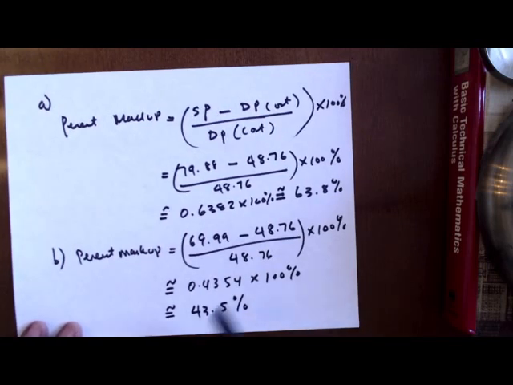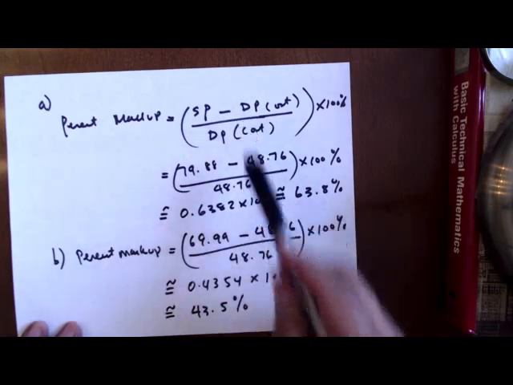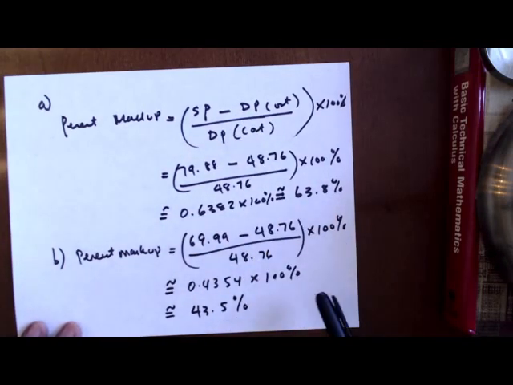The fact that the number is still positive means that they're still making a profit, right? When you're making the calculation, try to interpret what the numbers are telling you. What is the message they're conveying here?